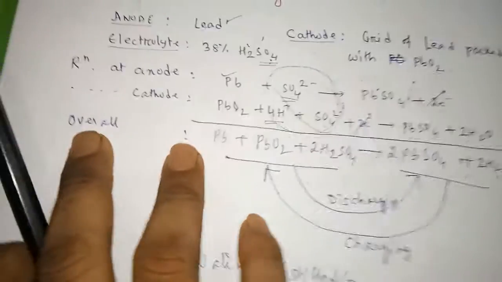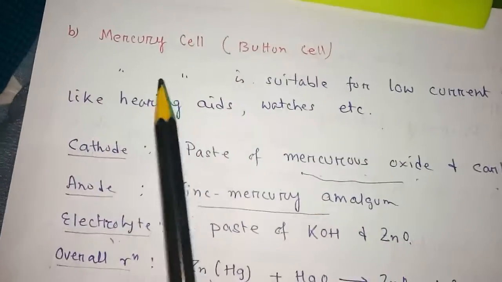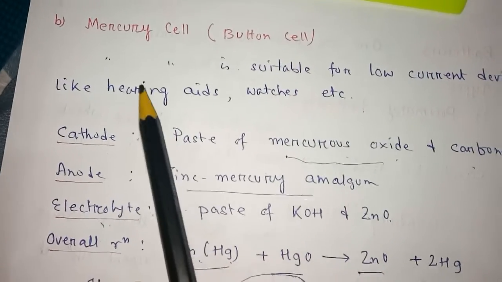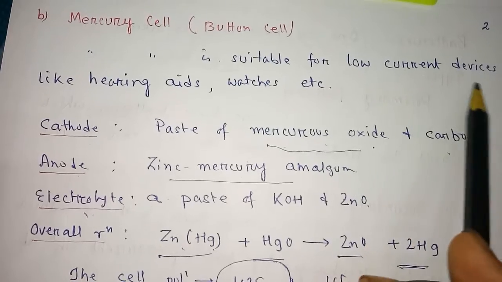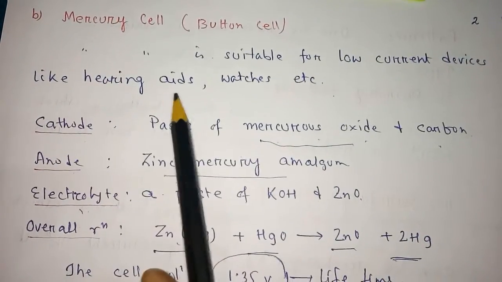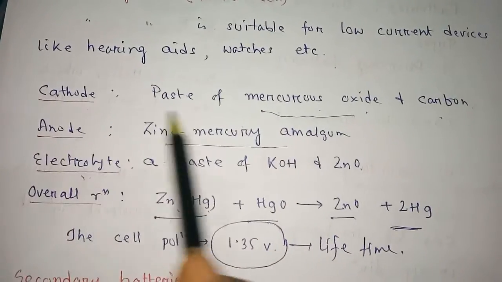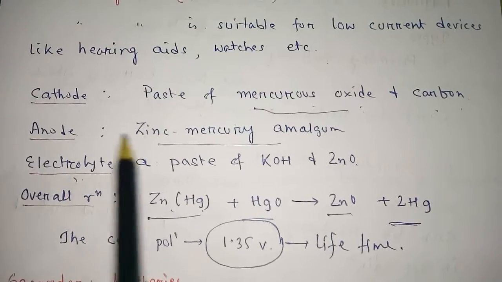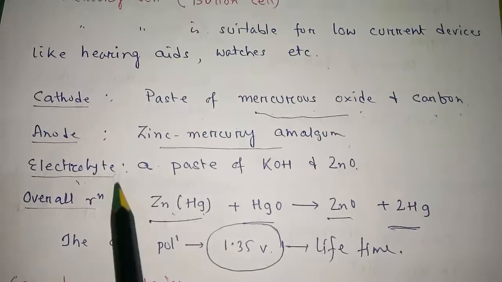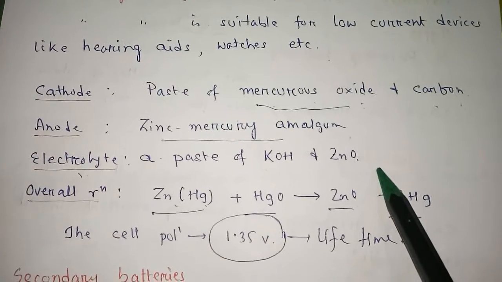Next in this category we have the mercury cell or button cell. The mercury cell is suitable for low current devices like hearing aids, watches, etc. In the mercury cell, the cathode is a paste of mercuric oxide and carbon. The anode is zinc-mercury amalgam. The electrolyte is a paste of potassium hydroxide and zinc oxide.